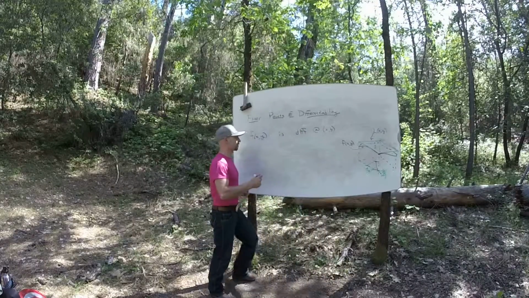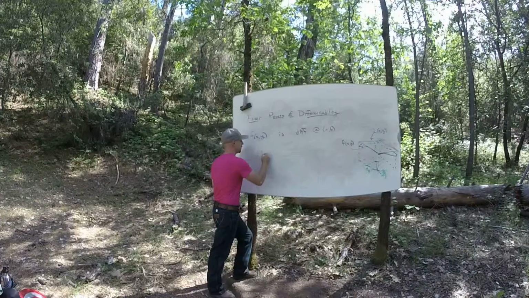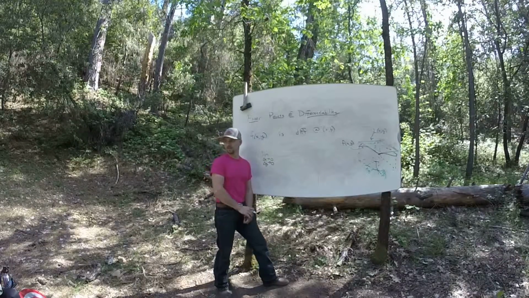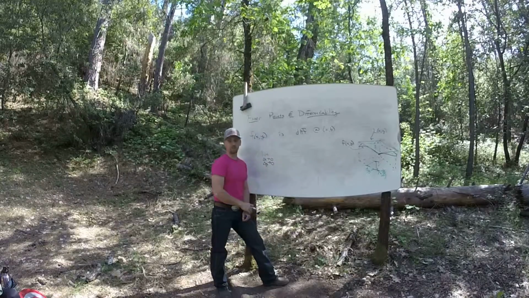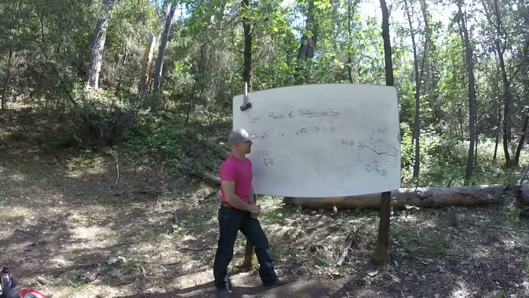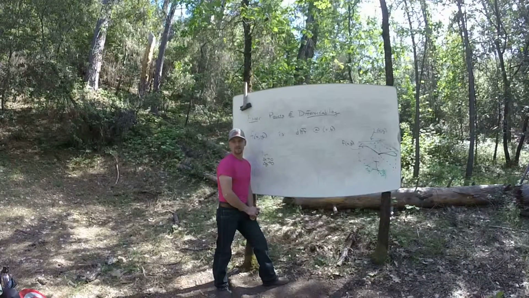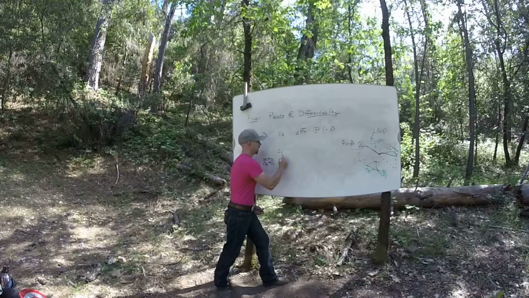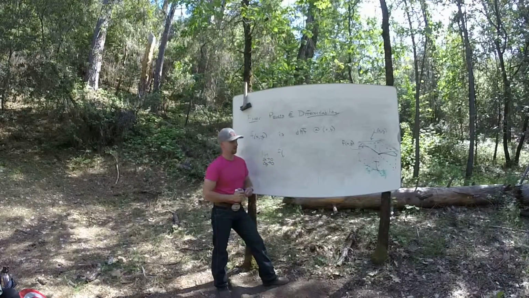So what I'm going to say is it's differentiable if the limit of delta x going to 0 and delta y going to 0. So squeezing that thing in on both directions of what? Let's see, I want to take f at that point. So what's that point? (a, b).